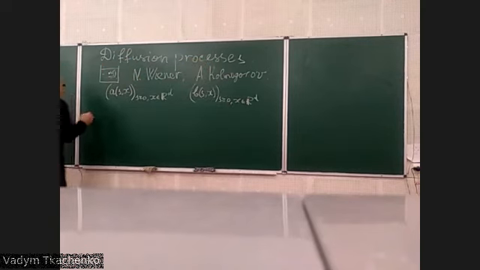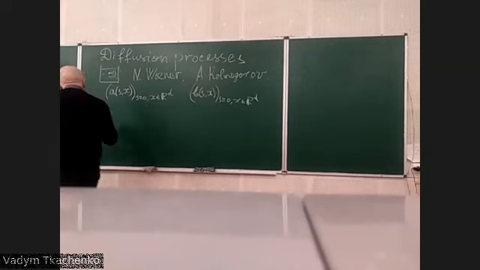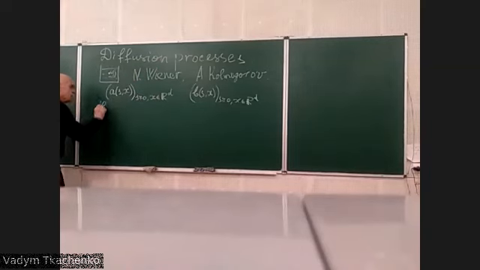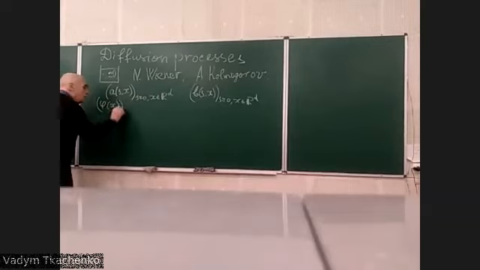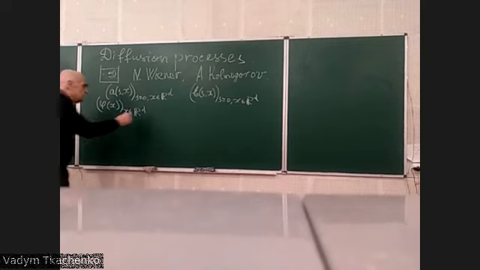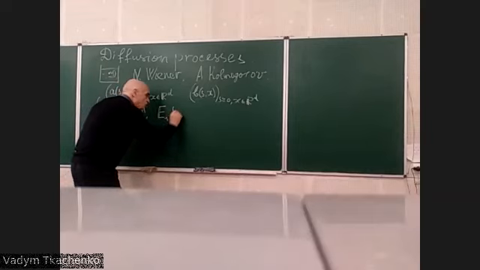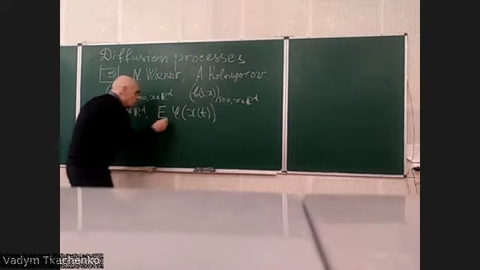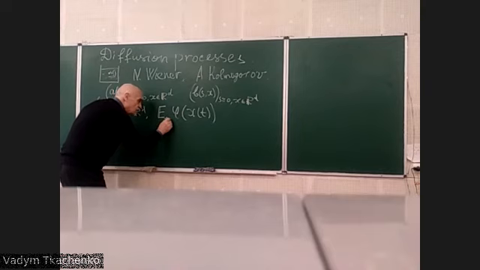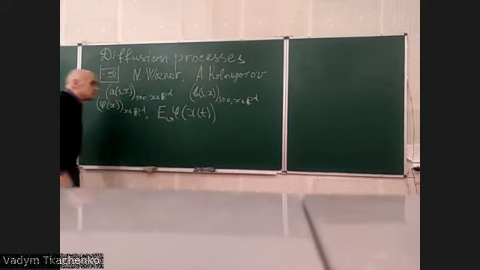In that publication Kolmogorov proved the following result. Let us consider some function phi of x defined on our Euclidean space and consider the conditional expectation of phi of x(t), if we know that our particle starts at time s from the point x in R^d.